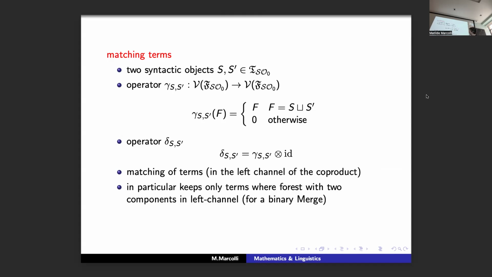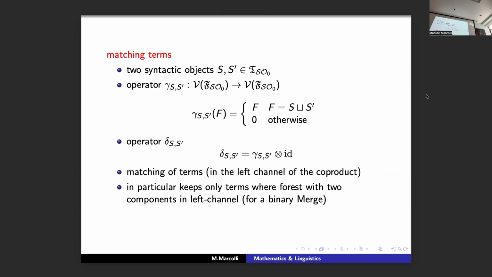You have this whole very long list of terms in your coproduct, but this is zooming in on only one of them, the one that has this particular choice of a forest with two components in the left channel.